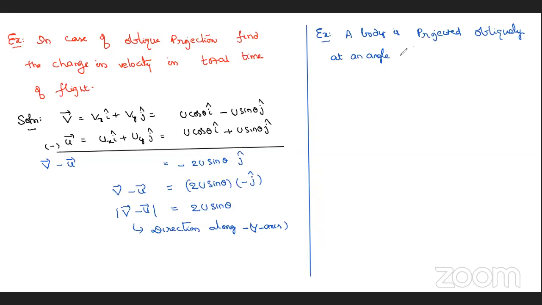This time I'm changing: at an angle 30 degrees with the vertical, with a velocity of 10 meters per second. Find the magnitude of change in velocity.